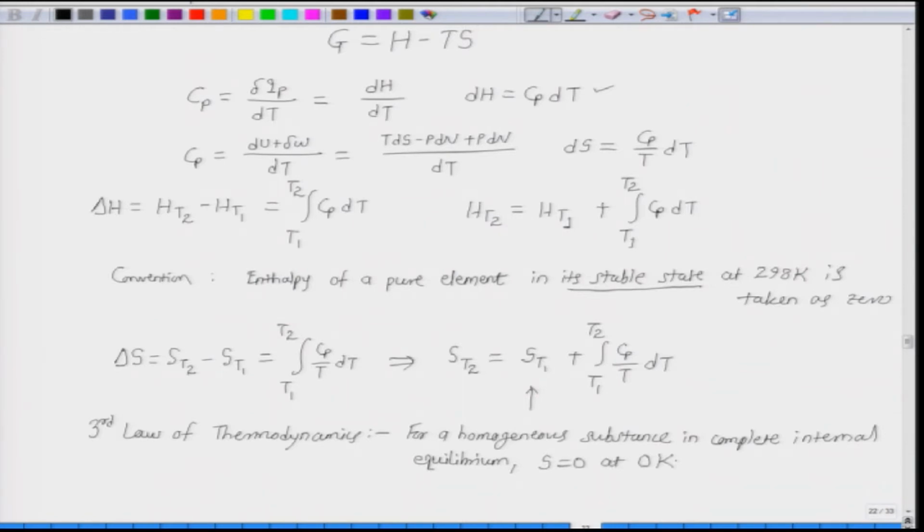This is important, the substance has to be in complete internal equilibrium. For example, any crystalline solid has some equilibrium vacancy concentration at any temperature above 0 Kelvin, and it is a function of temperature. So, vacancy concentration increases as the temperature increases.